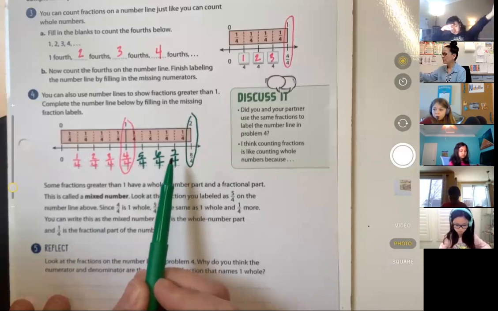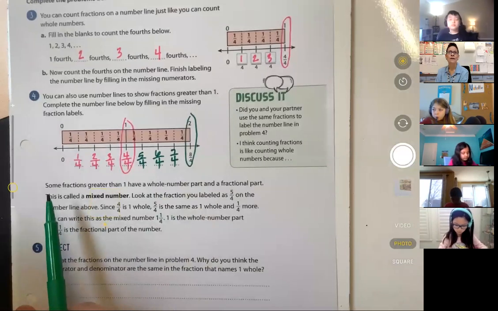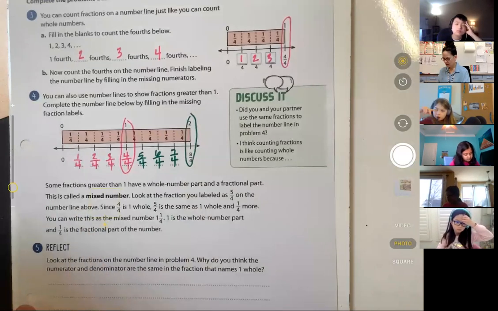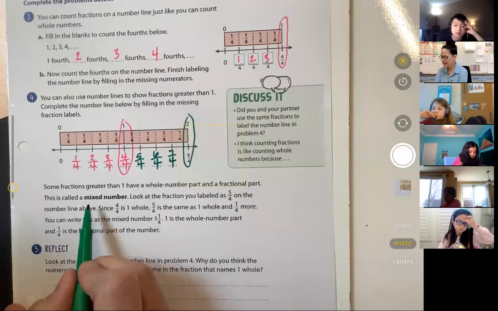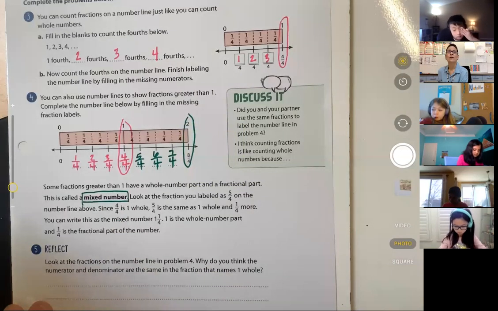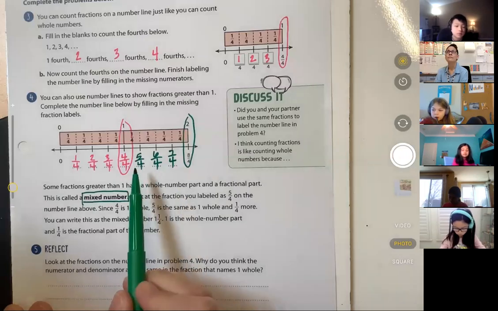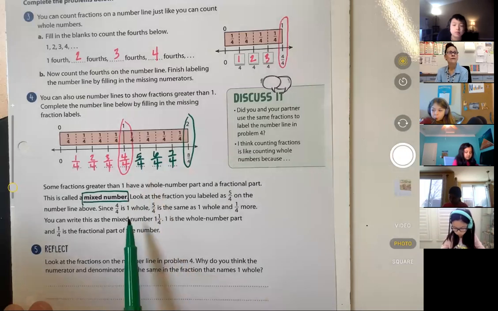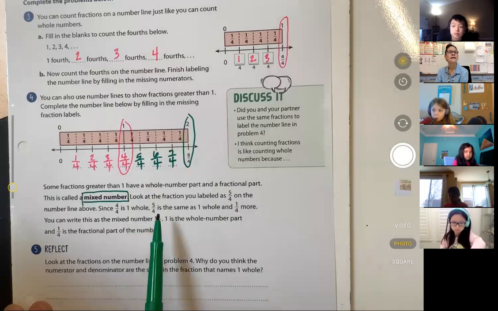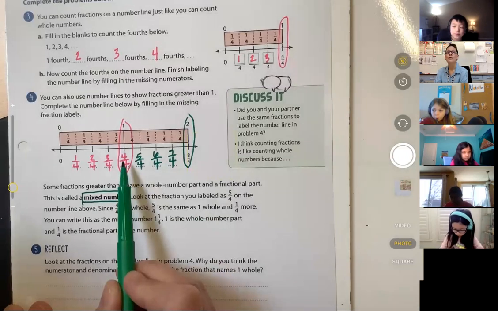All right, reading down below, it says, some fractions greater than 1 have a whole number part and a fractional part. This is called, wait for it, a mixed number. A mixed number. Look at the fraction you labeled 5/4 on the number line. Since 4/4 is a whole, 5/4 is the same as 1 whole and 1/4 more.